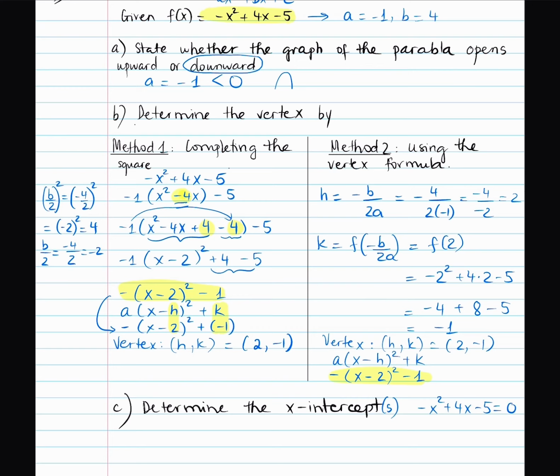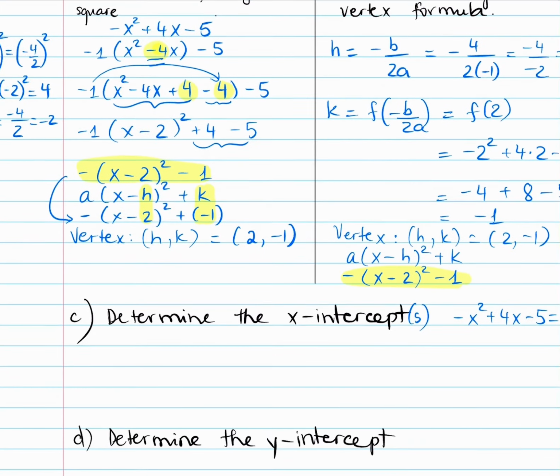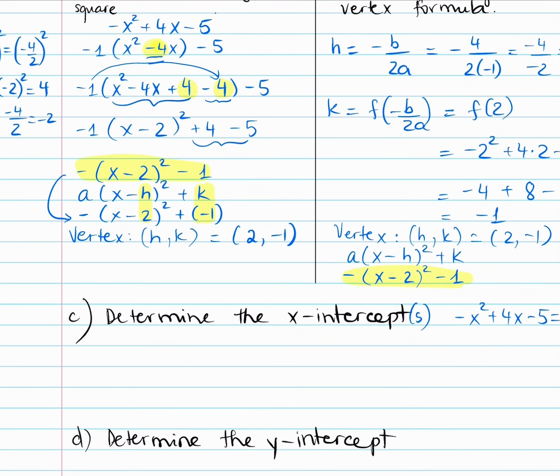You could also use the quadratic formula if you want, or if you prefer the square root property, instead of using the standard form, we can use the vertex form and set that equal to 0 instead. Now we can solve.